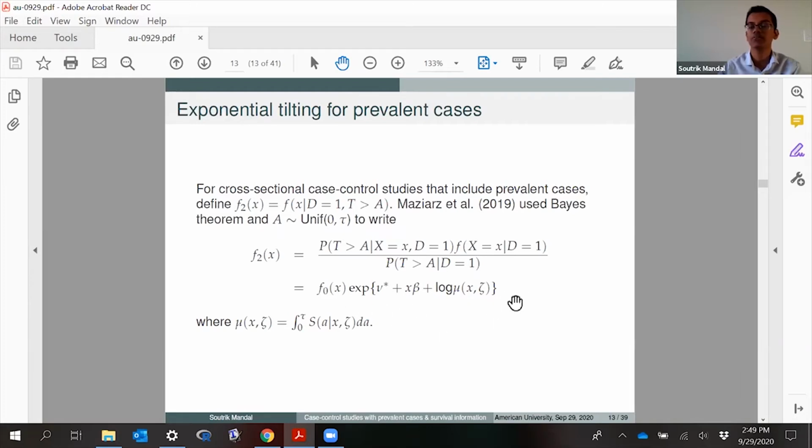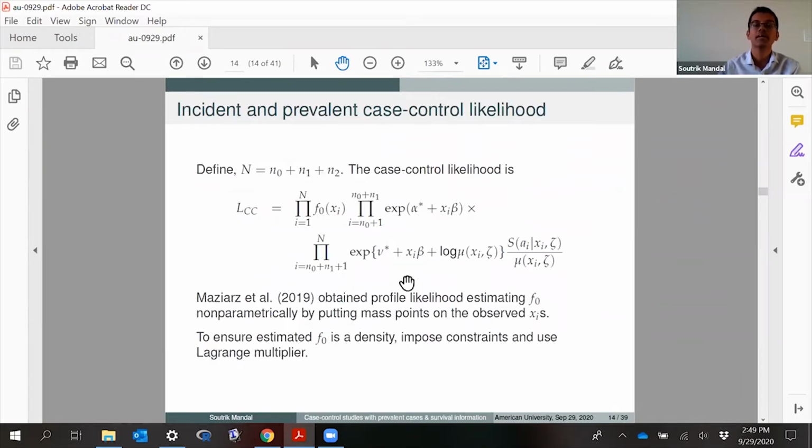And I'm writing all three of these together as the likelihood for incident and prevalent cases in the case control data. So we have F0(x) for everybody, for controls, incident and prevalent cases. For only incident cases, we have the exponential term. For the prevalent cases, we have the exponential tilting term and the ratio of S over mu.